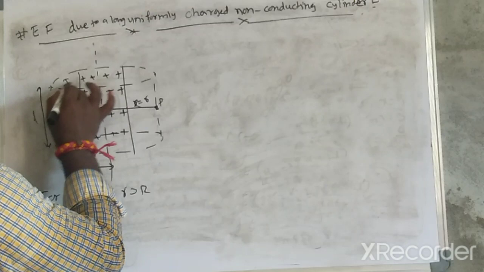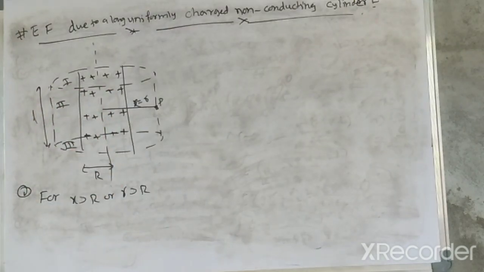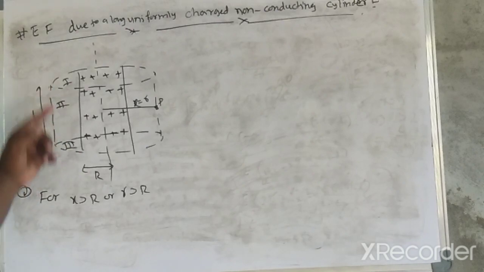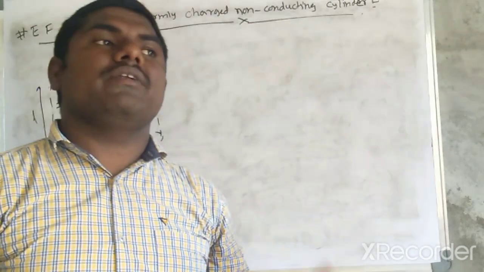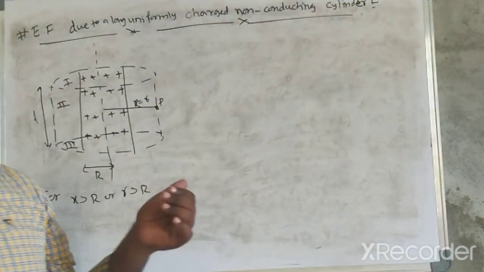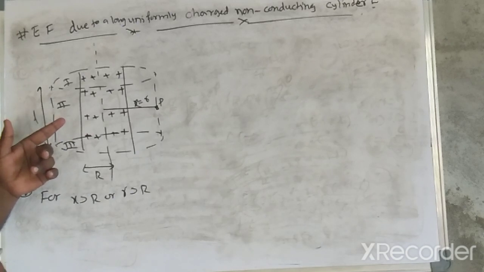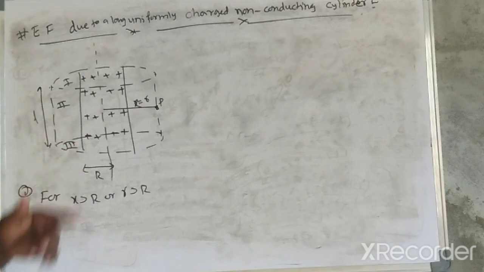Here also there are three surfaces, 1, 2 and 3. The first one and third one, as we already discussed previously, are circular surfaces, and the second one is the lateral surface of the Gaussian surface.